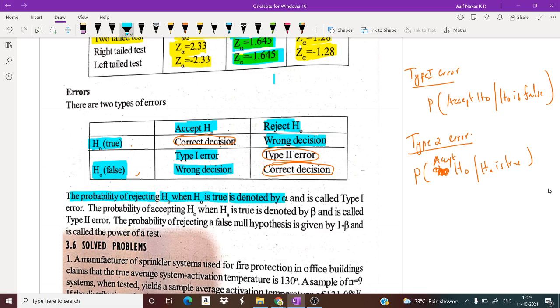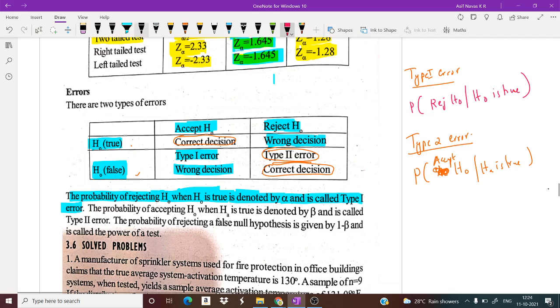That is denoted by alpha, and it is called the type 1 error, or level of significance. Type 1 error and level of significance are the same: the probability of rejecting H naught when H naught is true. So I made a mistake earlier.